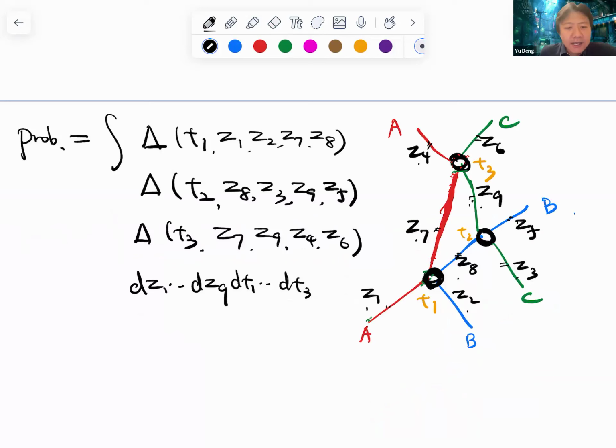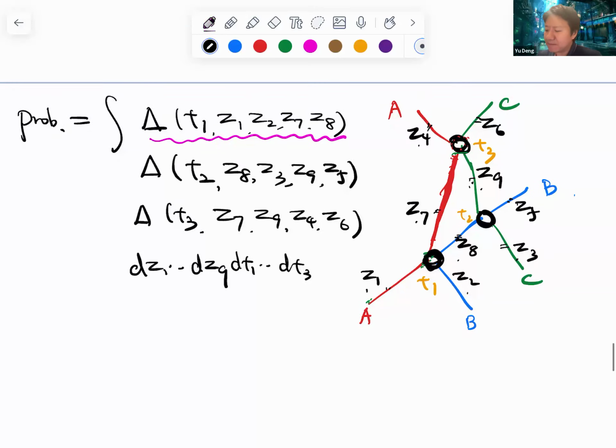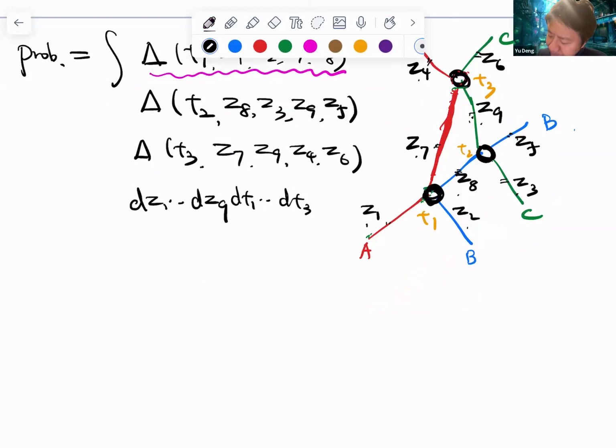Okay, this is our integral. So how to do it? Since we are having the first factor here, t1, z1, z2, z7, z8, let's first keep it aside. So we can write it.